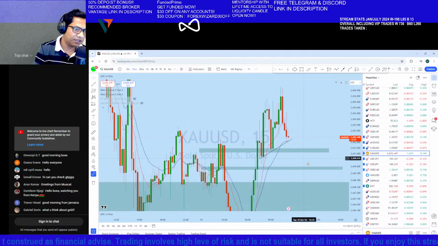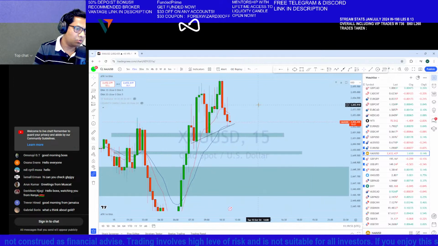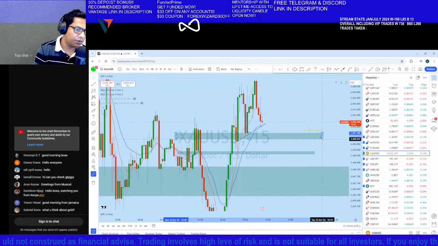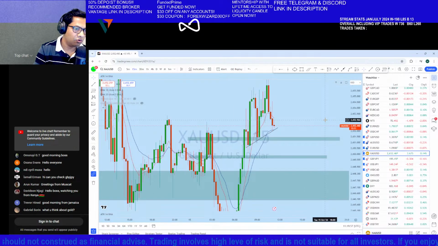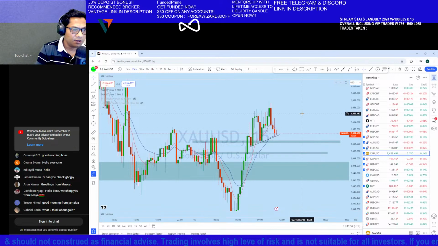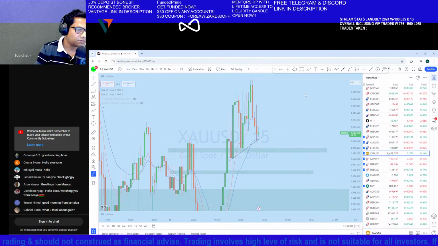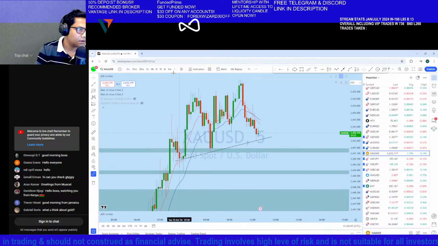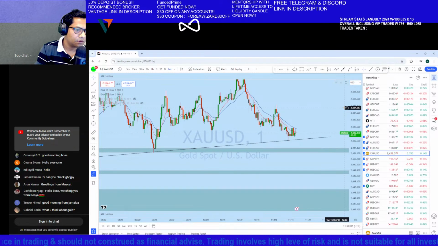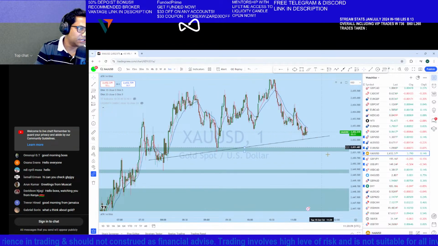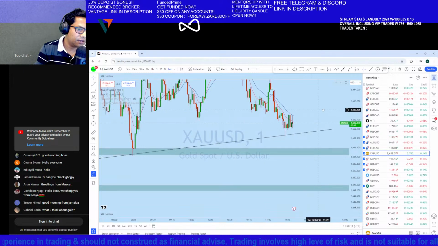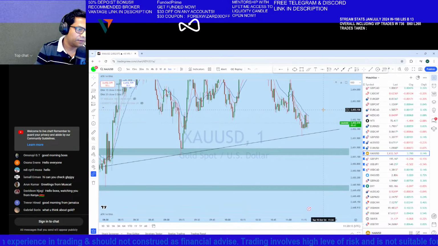At this point I'm still waiting for the market to break from the support before we can find any return to the upside in this market. So here we can see the market still trending towards the downside.